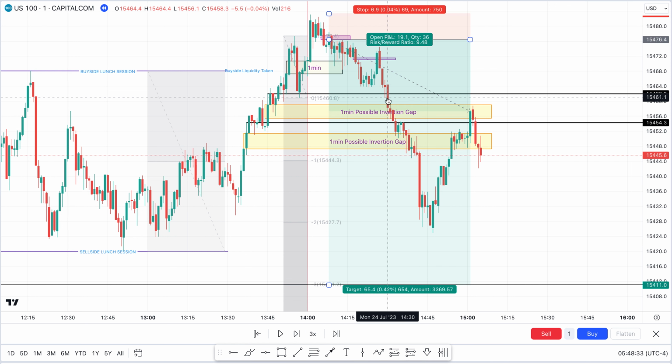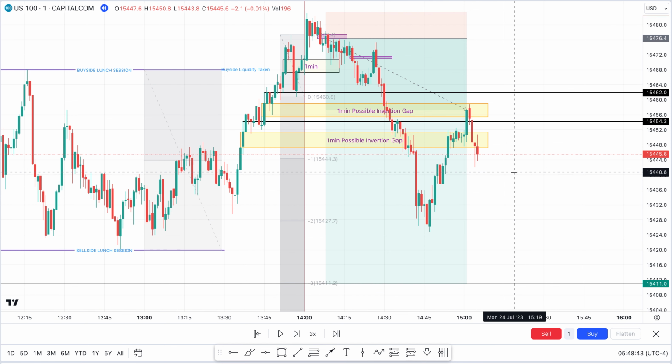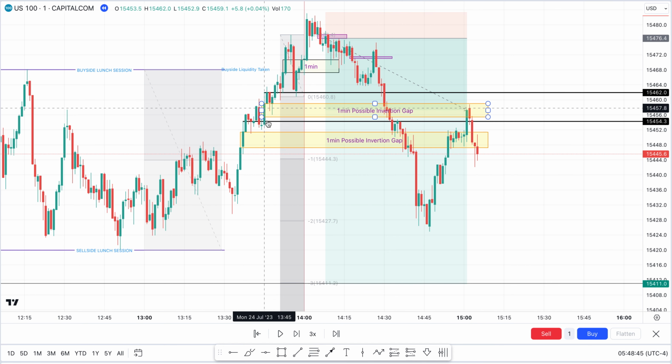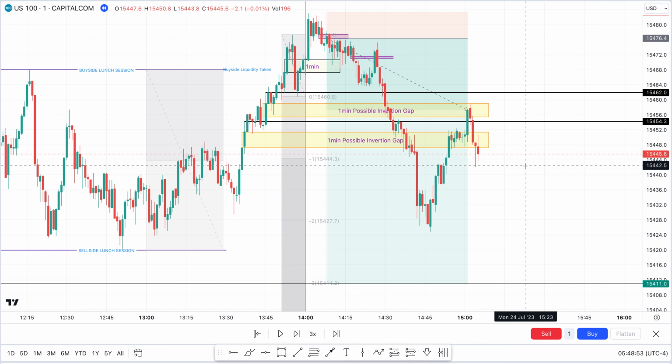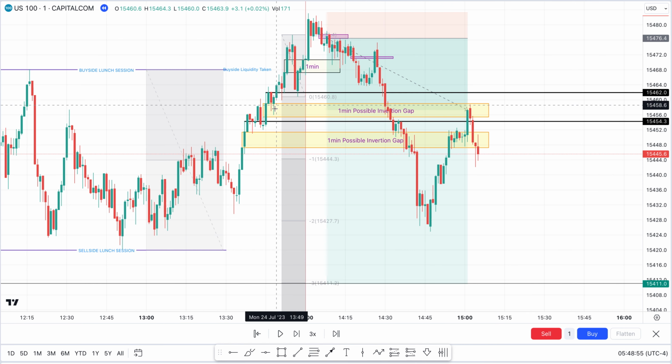And that lines up with the SIBI, sell side imbalance, buy side inefficiency up here. So I think this one also lines up with this old swing high. I think this one is more important.